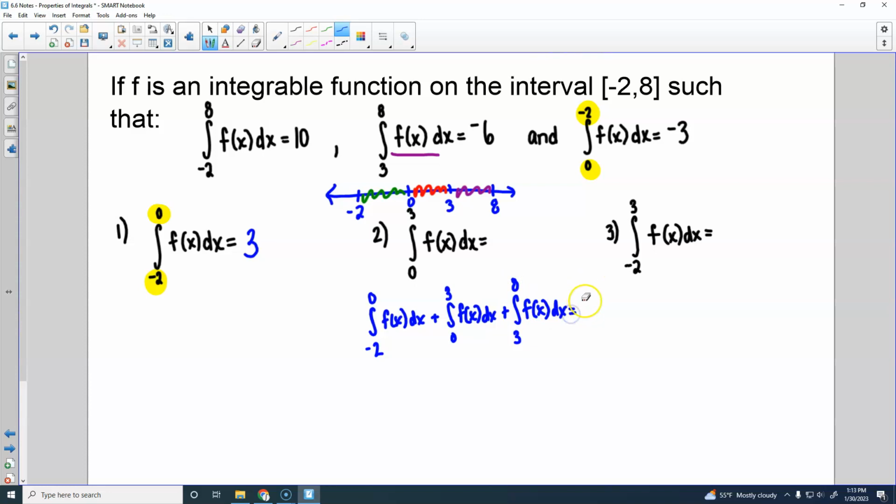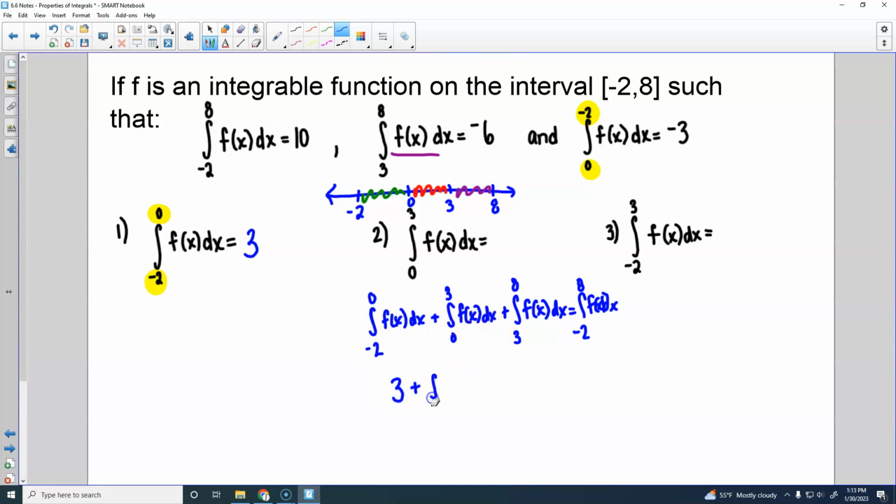This should equal our integral from -2 to 8 of f of x dx.